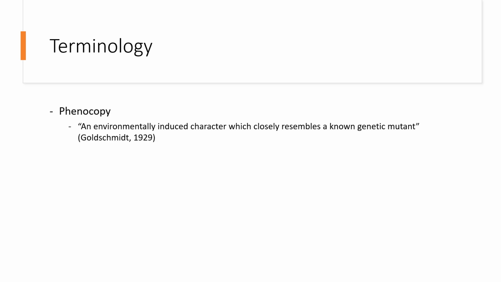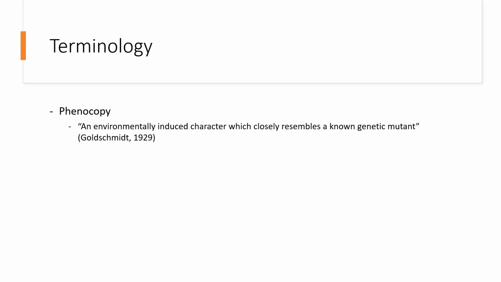To start out, we're going to define a few terms that will be important to understand this presentation. Firstly, we offer a definition of phenocopy from the man who coined the term. Goldschmidt, all the way back in 1929, defined a phenocopy as an environmentally induced character which closely resembles a known mutant.